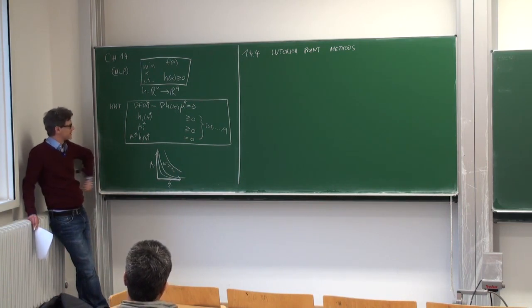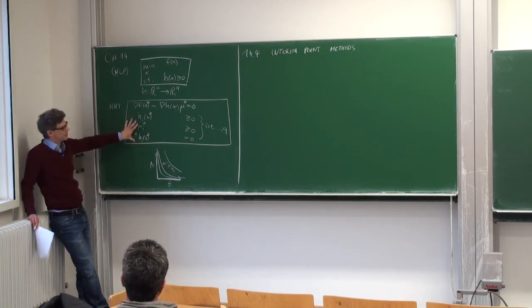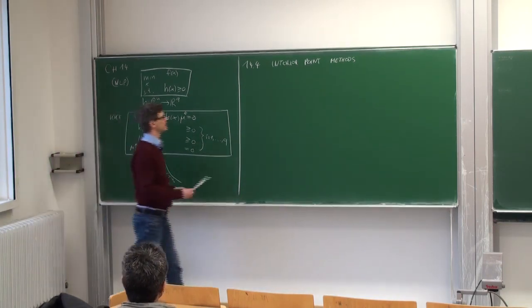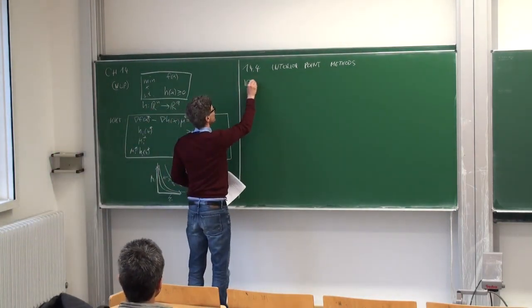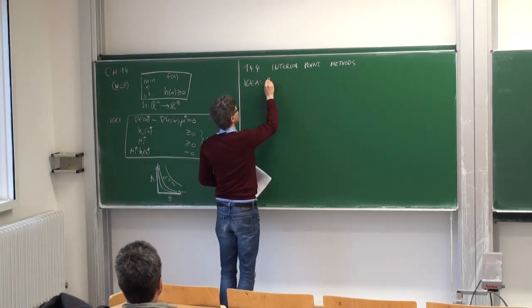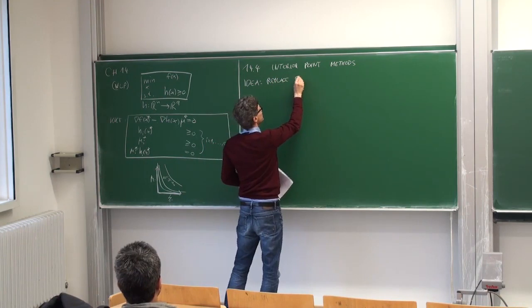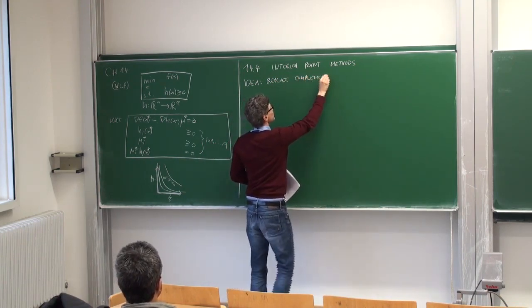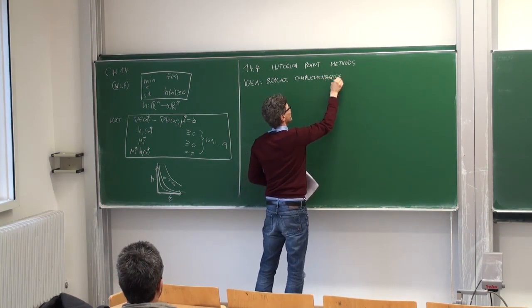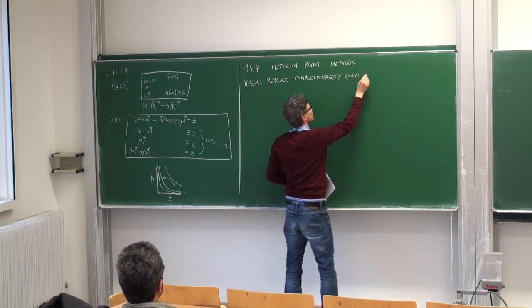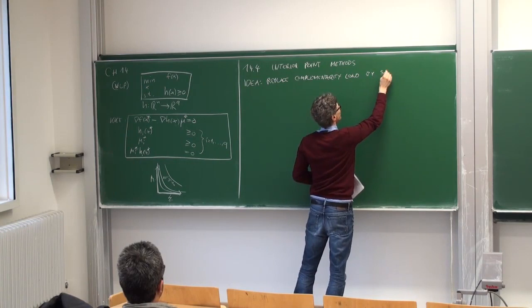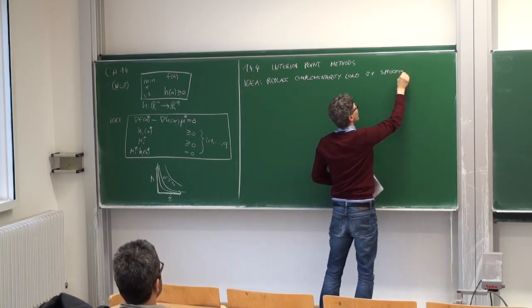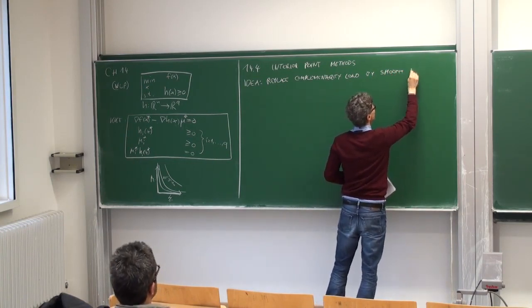But how does this translate to this root finding problem? So the idea is actually to replace the complementarity conditions by a smooth root finding problem.